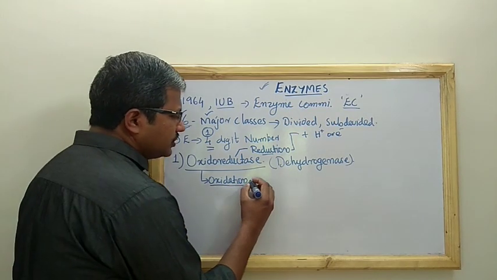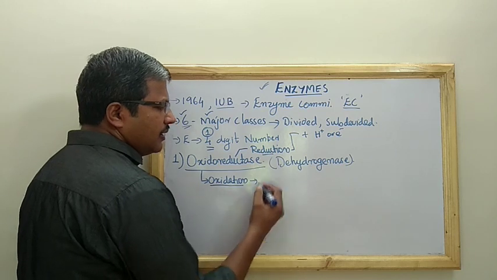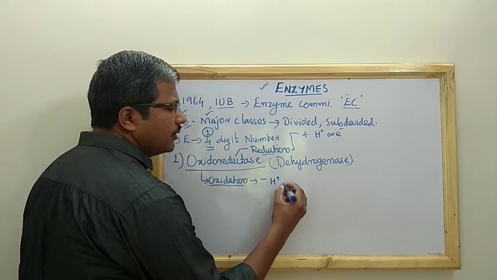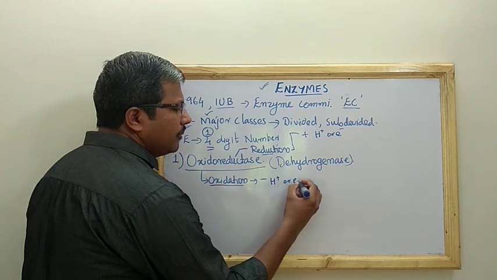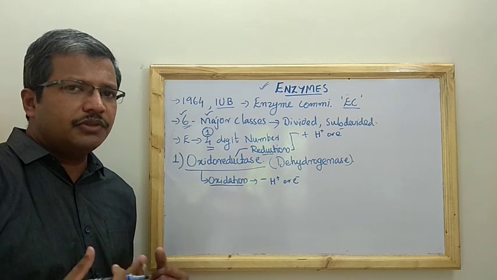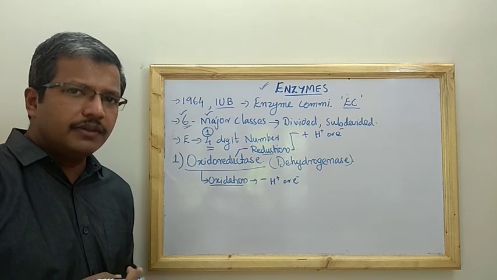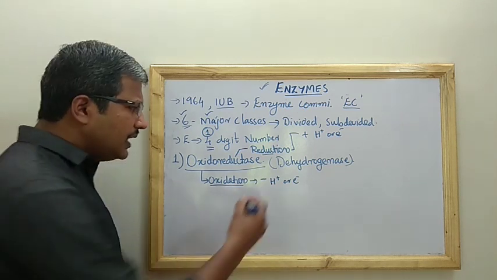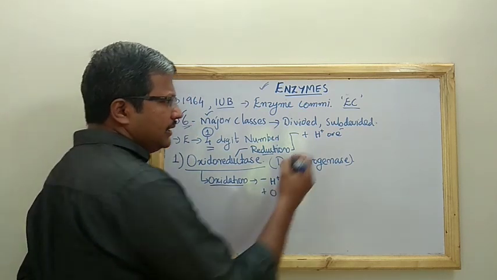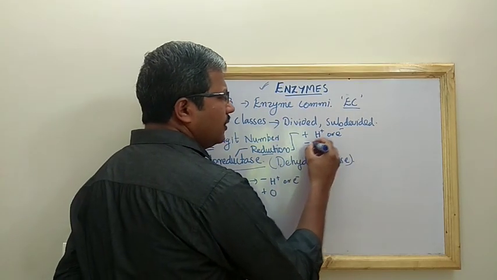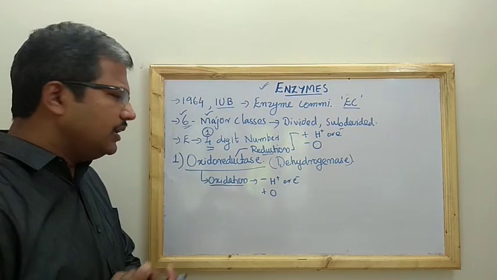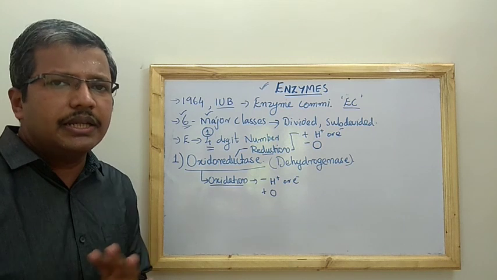Now what is meant by oxidation? It is the removal of H plus or electrons. Is there any other possibility for reduction and oxidation? Yes, it is otherwise the addition of oxygen for oxidation and the removal of oxygen for reduction. So these are what oxidation and reduction mean.